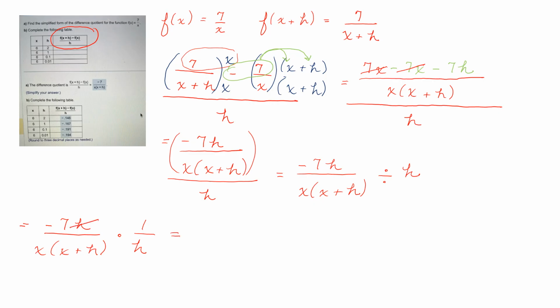That lets my h cancel, and I get a negative 7 over x times x plus h. And that is what's simplified for you. As you can see, that is the answer here.